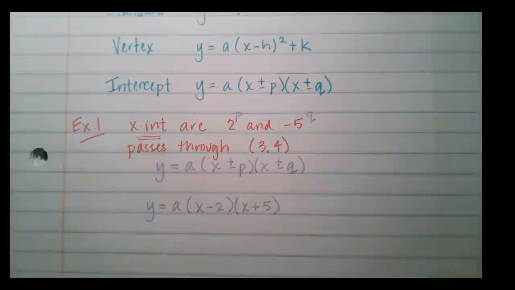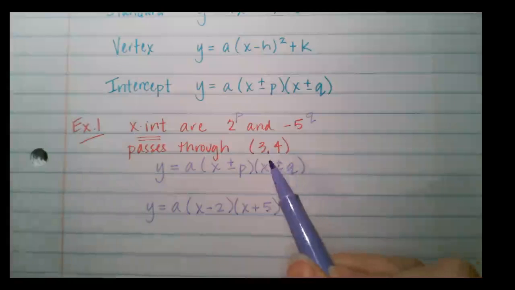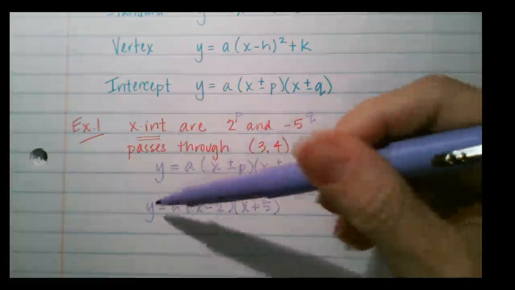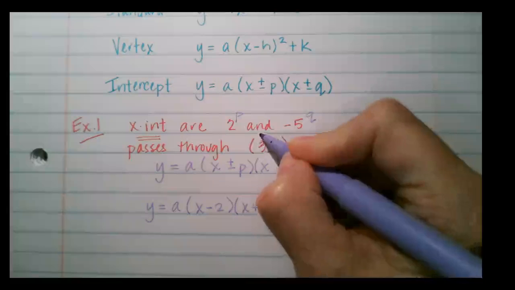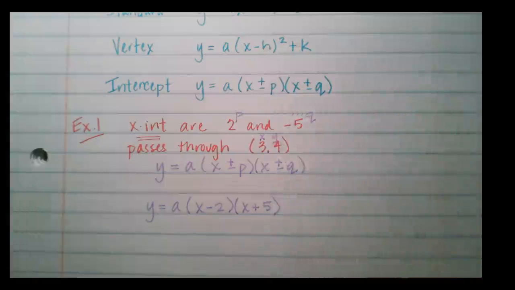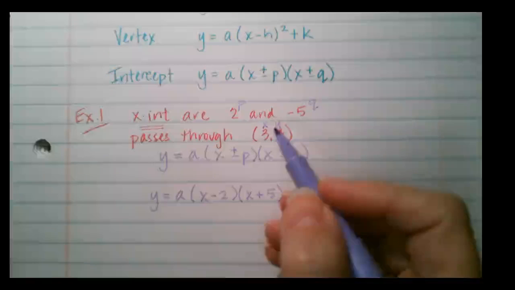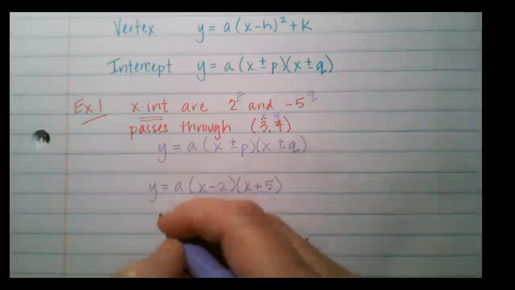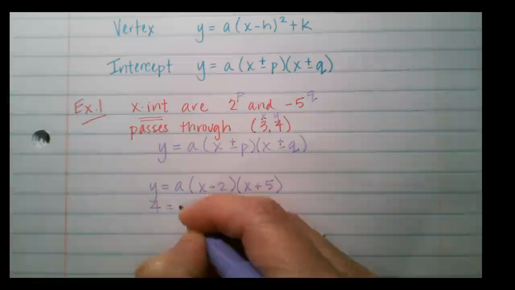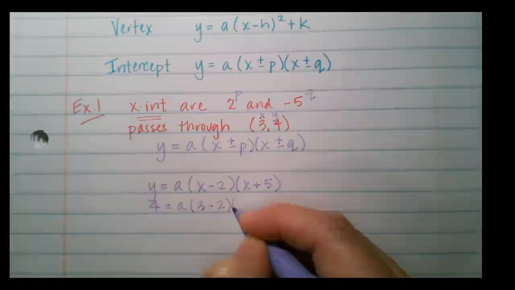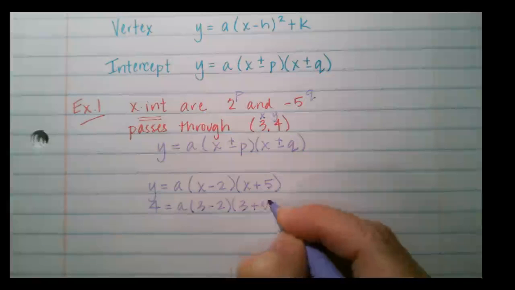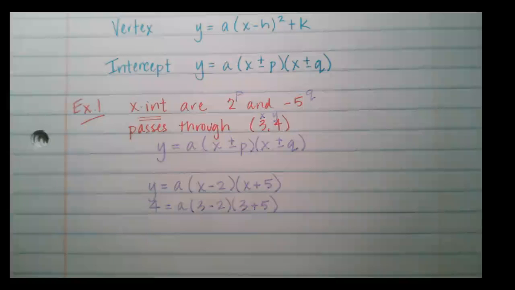Well, the easiest way to do that is to look at the point, because I know that this parabola is going to go through this point. And this point represents an x and a y that's on the parabola. So I know that if I fill in 4 for the y and 3 for the x, that's going to equal.